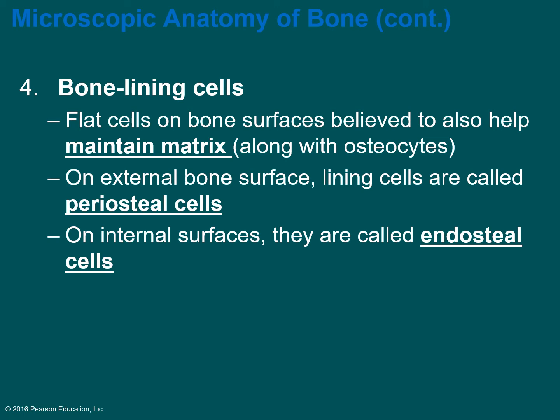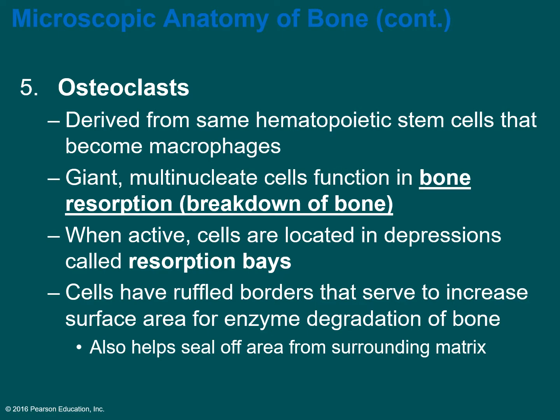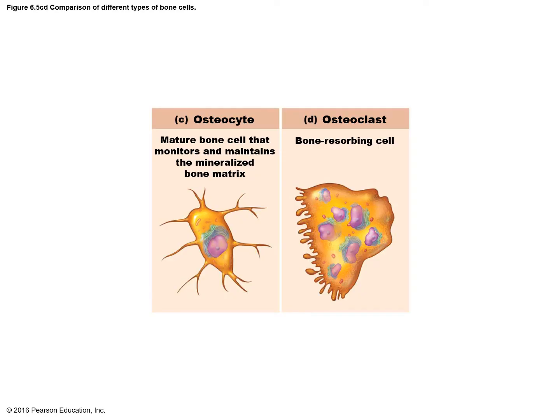On internal surfaces, endosteal cells. And then the osteoclasts are basically involved with bone resorption, breaking down the bone matrix. And here's a picture of them. And then here are the osteocytes.